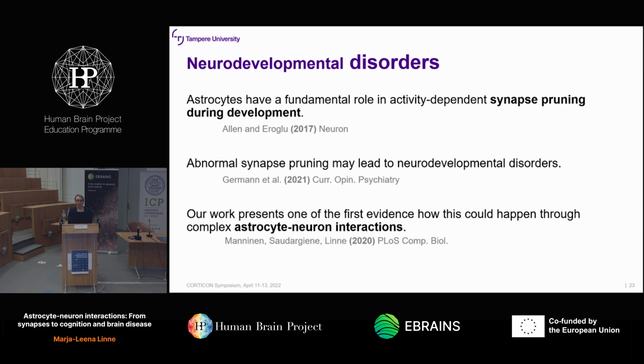And this might have some implications for neurodevelopmental disorders like schizophrenia or autism. And there are now many review articles speculating about abnormal synapse pruning and how it could lead to neurodevelopmental disorders, and the role of astrocytes and also other glial cells in that. And I conclude that our work presents one of the first pieces of evidence of how this could happen dynamically through complex astrocyte-neuron interactions.